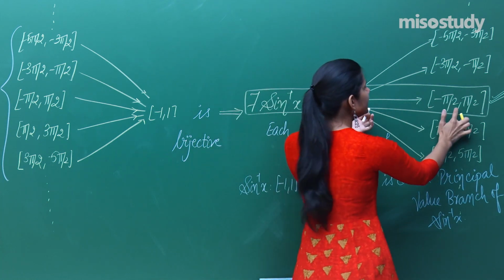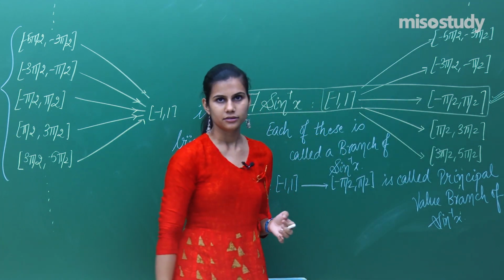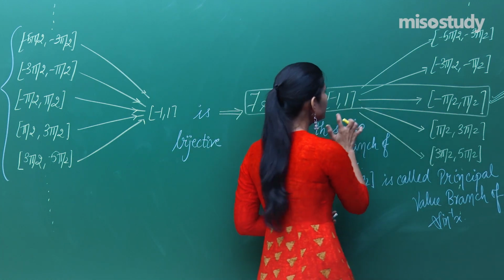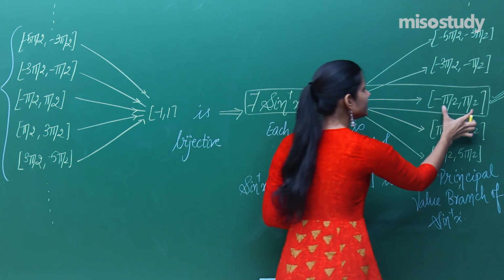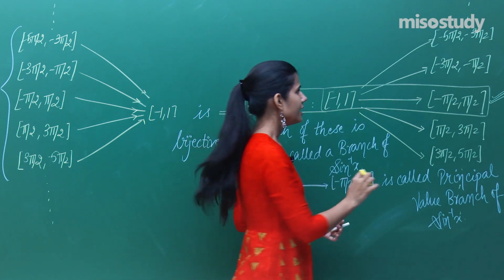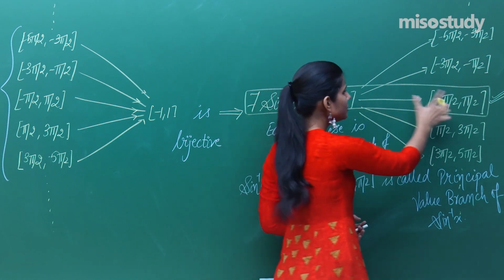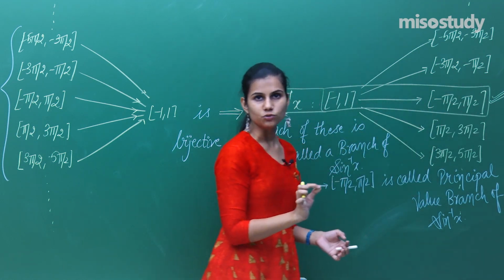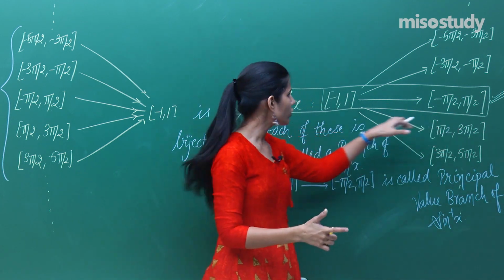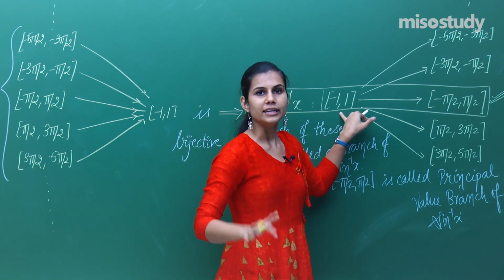Whatever image it has in here, that is called the principal value of that element. Are you understanding? It has images here also, here also, but whatever images are here, they are called principal values, and therefore this branch which gives the principal values corresponding to each element of [-1, 1] is called the principal value branch.